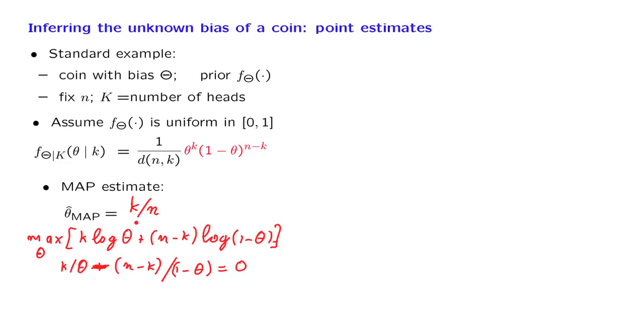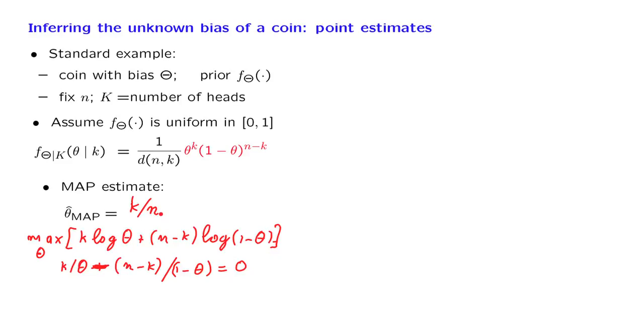This answer makes perfect sense. A very reasonable way of estimating the probability of heads of a certain coin is to look at the number of heads obtained and divide by the total number of trials. So we see that the MAP estimate turns out to be a quite natural one.